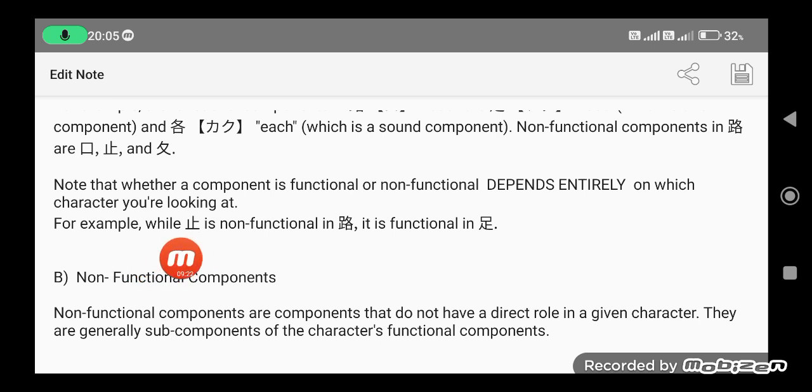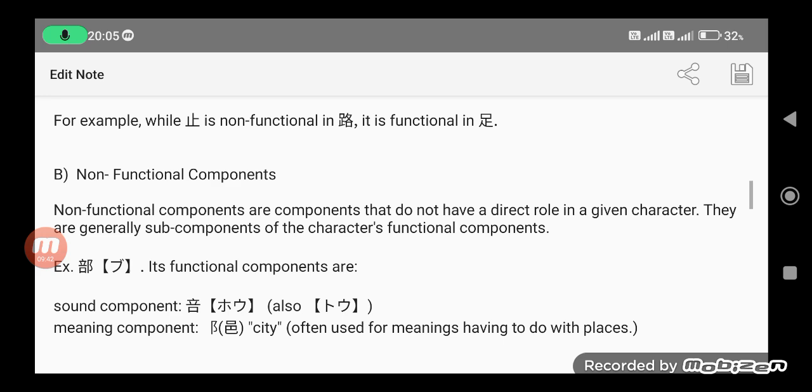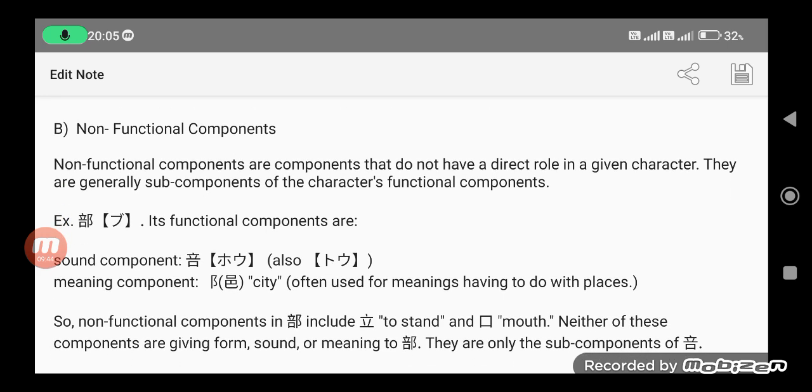For example, while the shi radical is non-functional in this ro, when it comes to this kanji, it is functional. So it really depends on the subject kanji you're dealing with. So what are non-functional components?